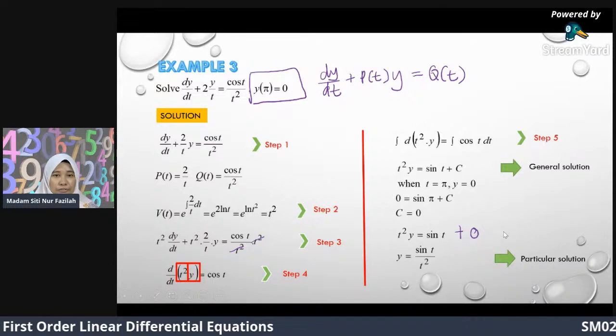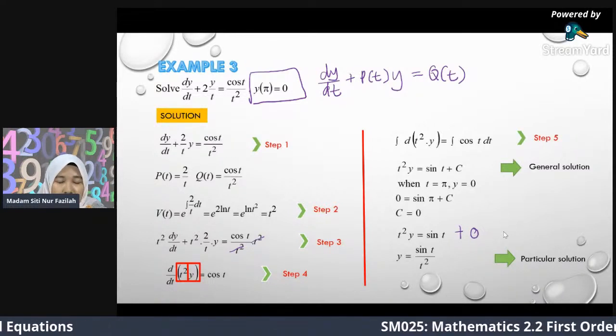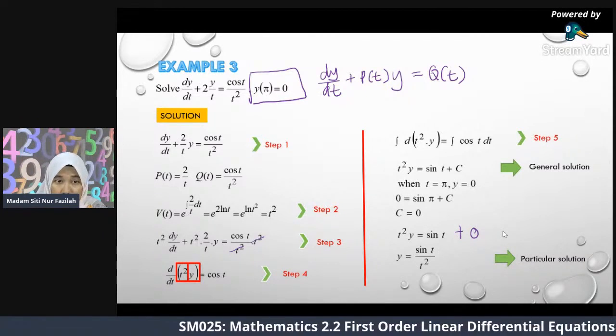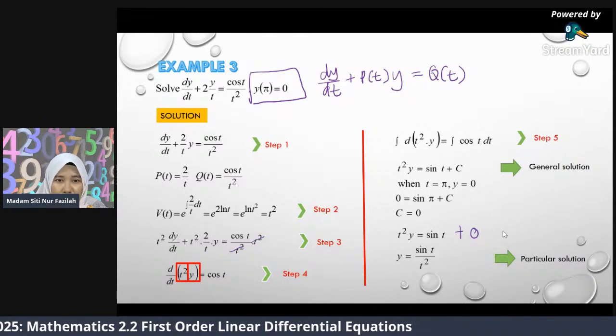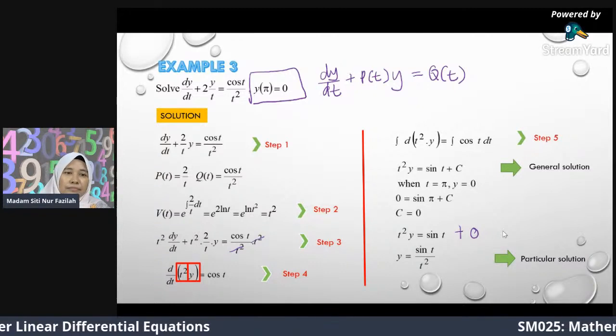This example has a condition value, which means we need to find a particular solution.